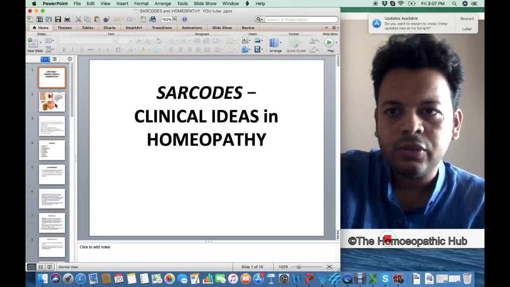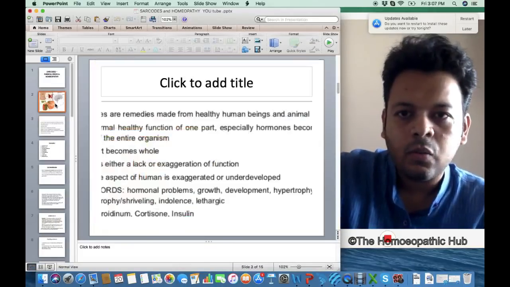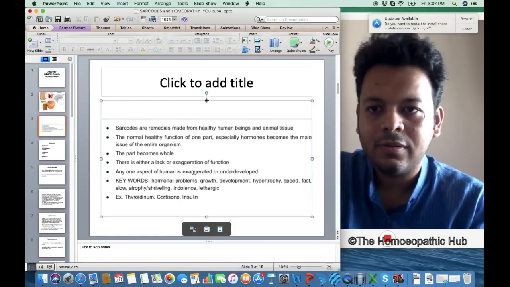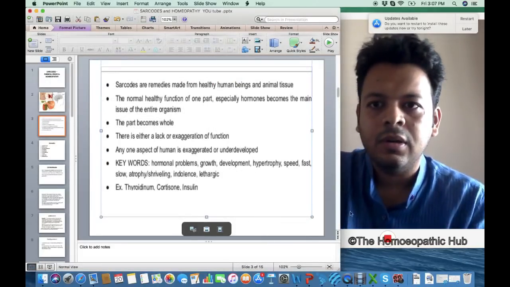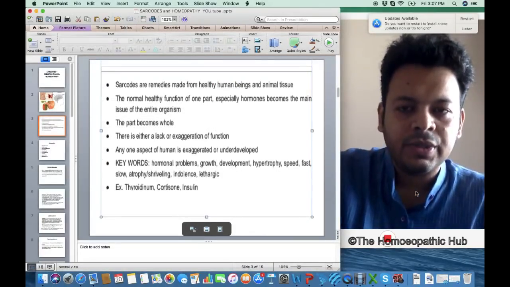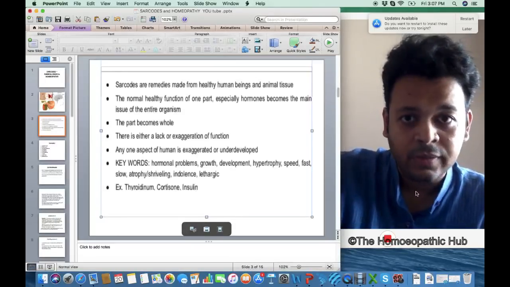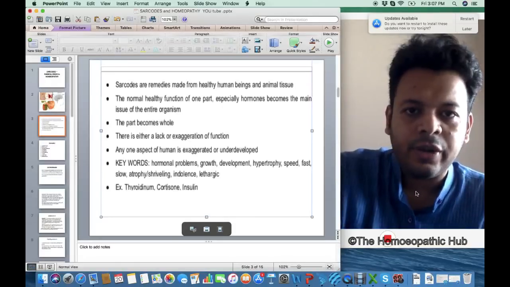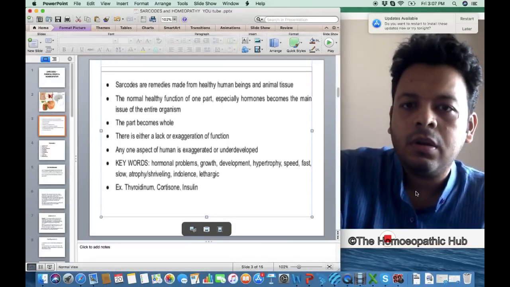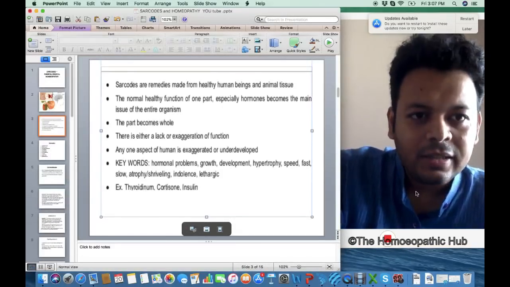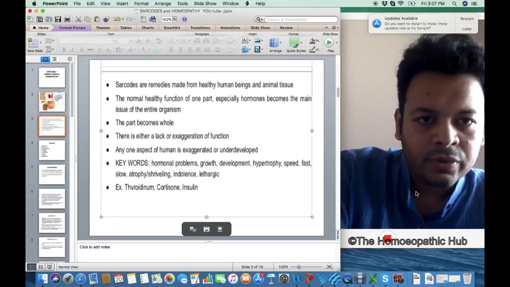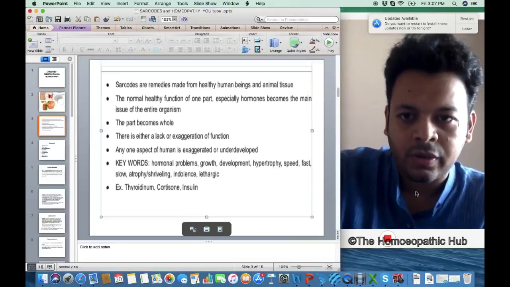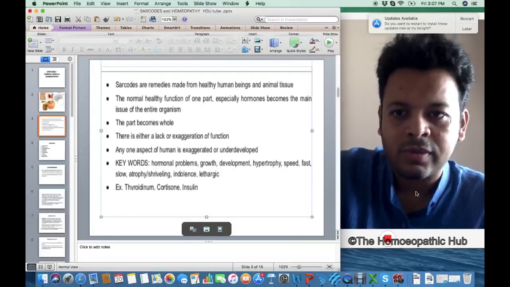First of all, you need to understand what Sarcodes are. Sarcodes are remedies which are made from healthy human beings and animal tissues. Many of the remedies we use in Sarcodes are thyroidinum, cortisone, insulin, pituitarium. They are often hormones.